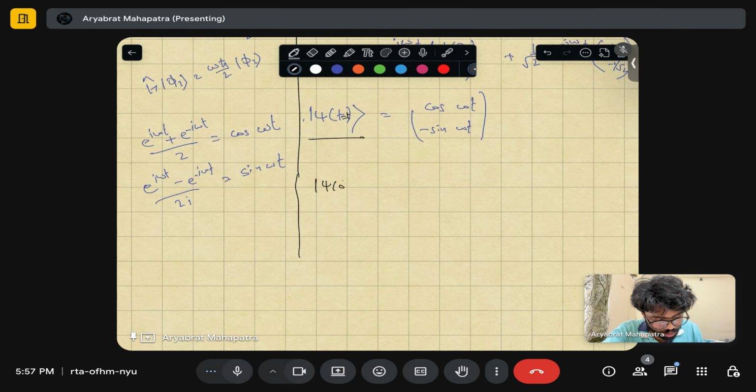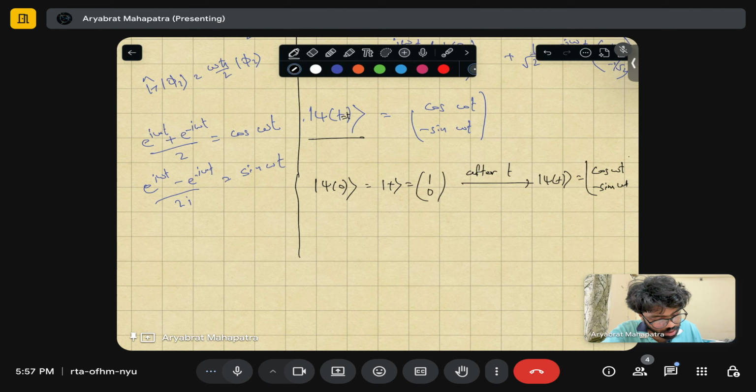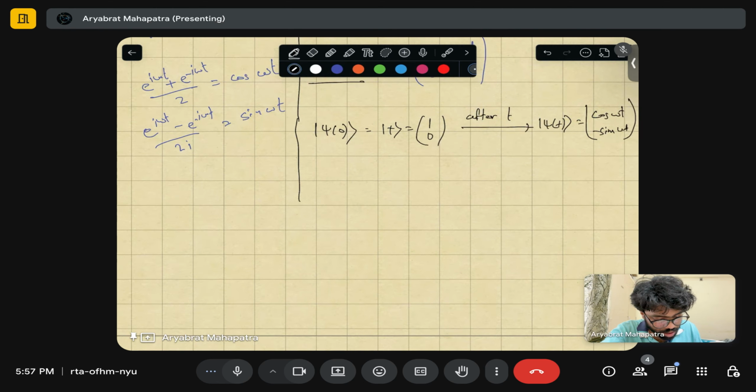Psi of 0 initially was 1 0. After time t, psi t becomes cos omega t, minus sin omega t.